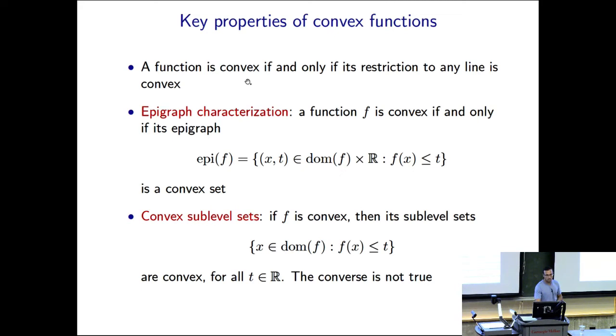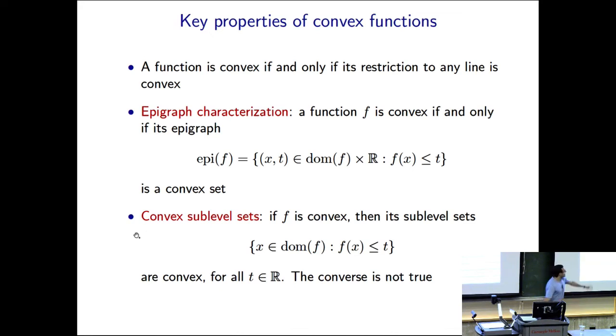You can reduce them to an arbitrary univariate function by looking at a particular line, and then use simpler characterizations. For example, proving that the log determinant of a matrix X is convex basically uses this characterization: I restrict that function to every line segment, and then look at the convexity in this univariate space.